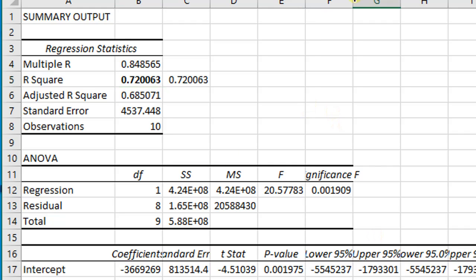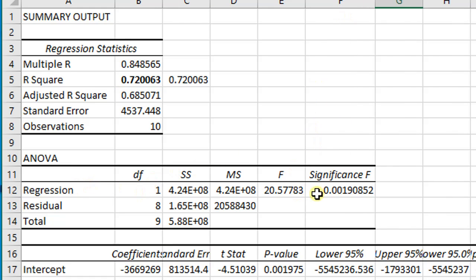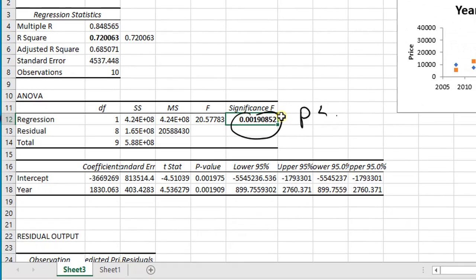Next, let's look at this next chart down here. This number right here is really important. This is saying whether or not your regression is significant. So did your regression do a good job of explaining the price variability? A lot of times, if the p-value, and that's basically what this is, is less than 0.05, that is an indicator of significance.